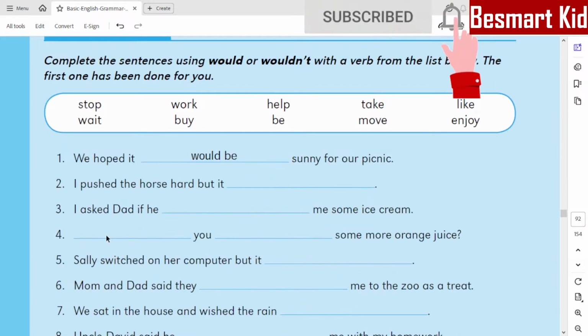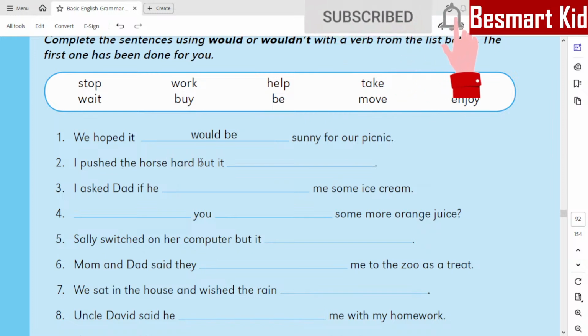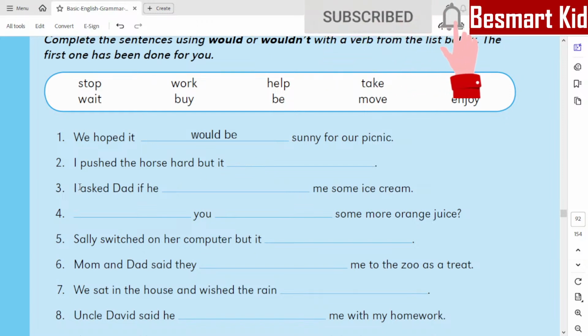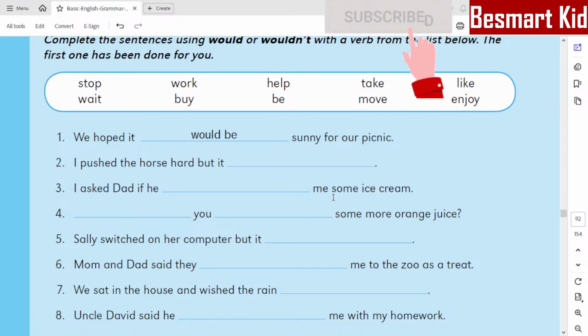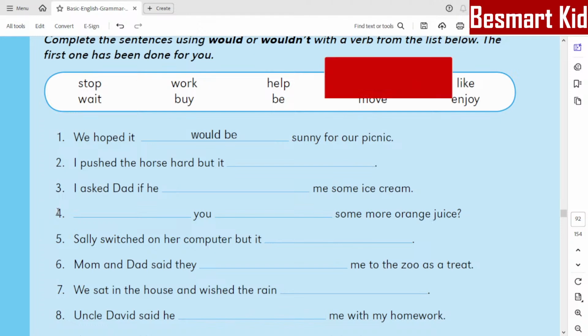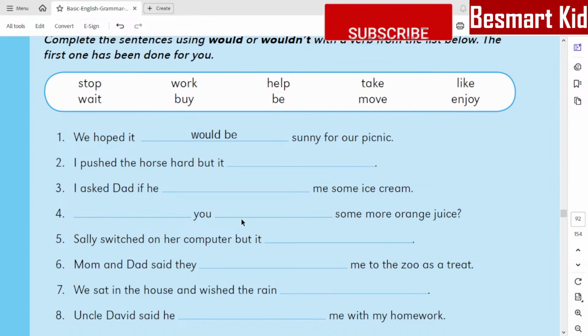So question number 2. I pushed the horse hard, but it dashed. Third, I asked Dad if he dashed me some ice cream. Fourth, dash you dash some more orange juice.